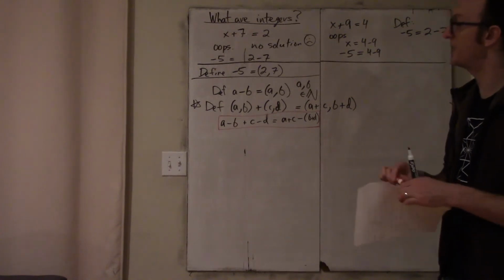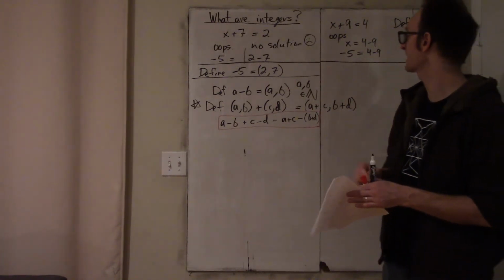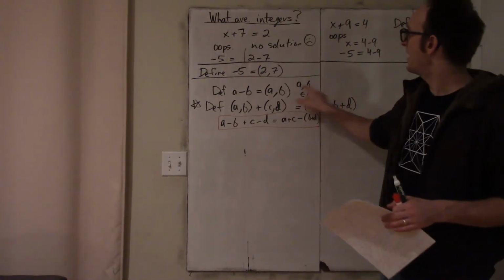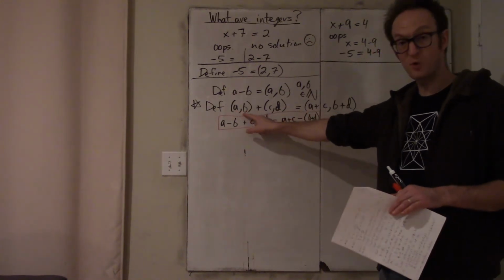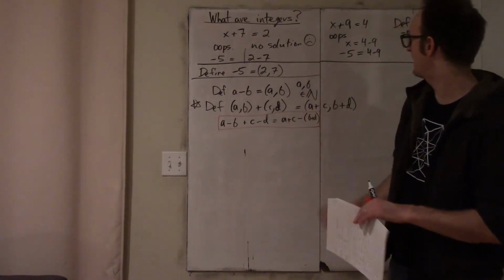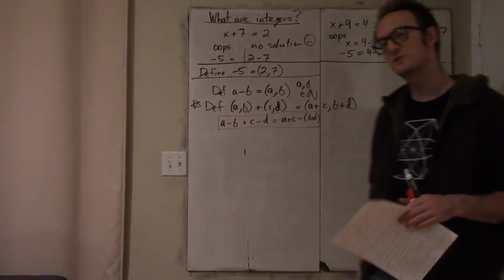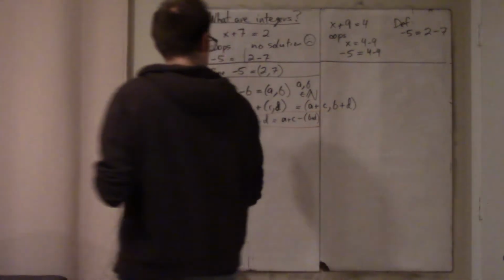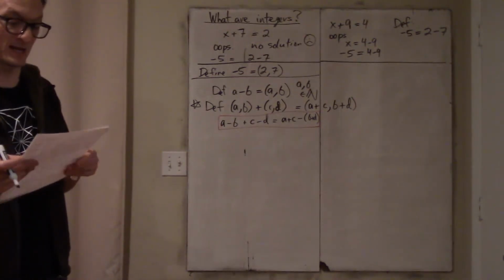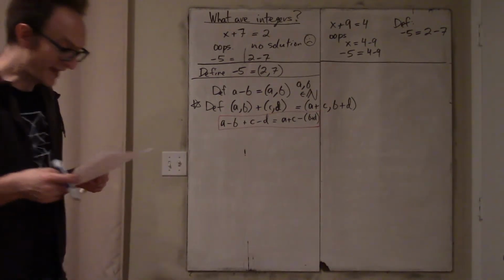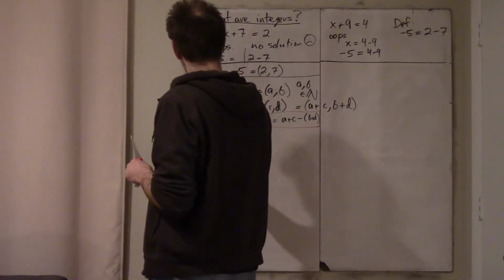But here you see what's happening, which is because I insist that the elements of the ordered pairs be natural numbers, then I can always add two natural numbers, can't I? So it's really subtraction which we're explaining, and by explaining I mean explaining it away.